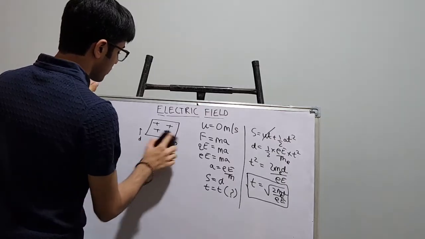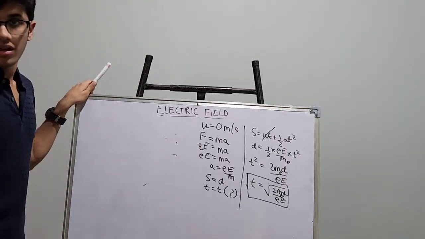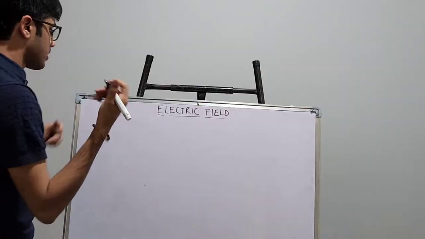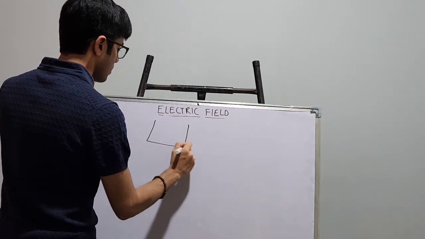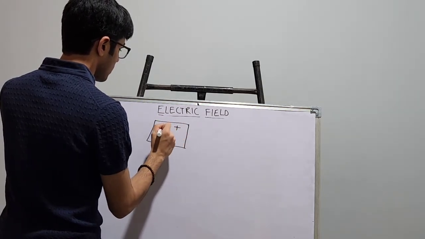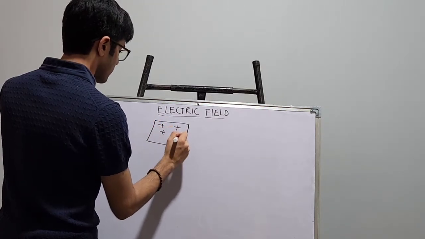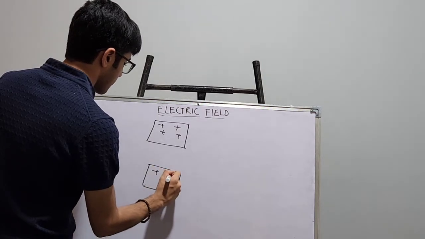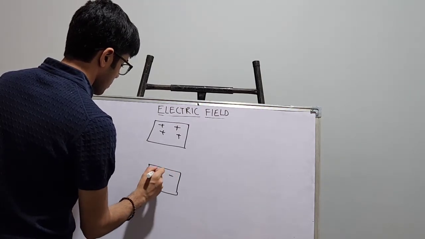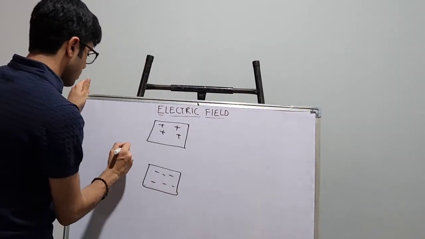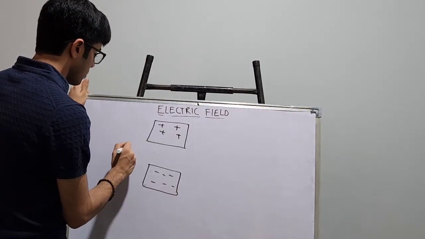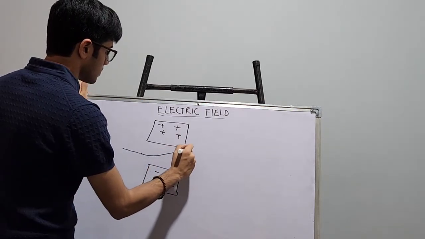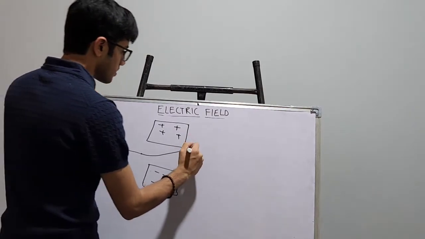Now let's say we need to calculate the trajectory. For that, let us say this is the positively charged metal sheet. This is the negatively charged metal sheet. This is the electron. It's moving like this, and it would move towards the positively charged metal sheet.